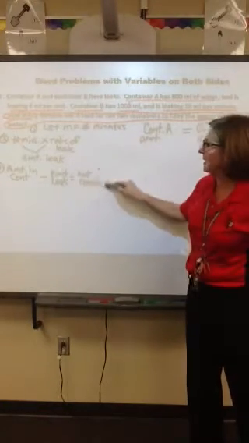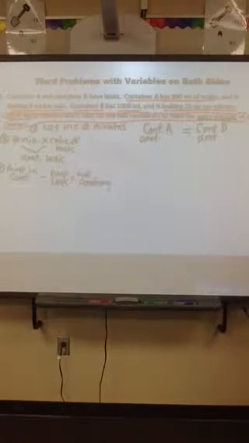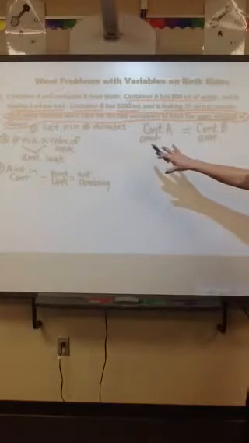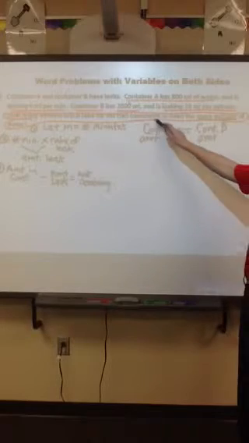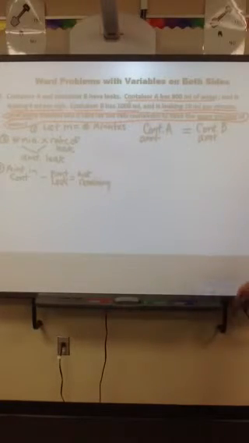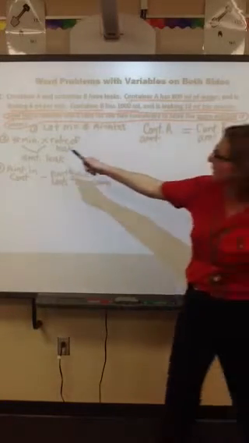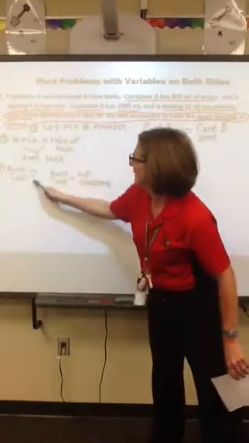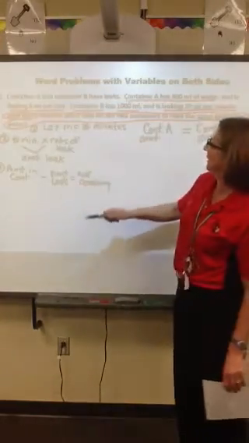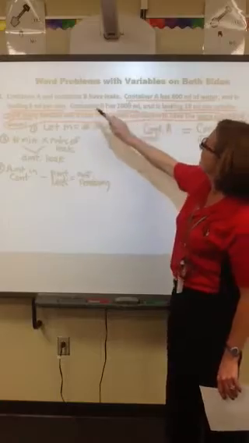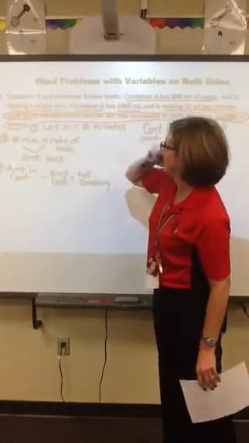Okay, the amount remaining. So let's try to set up two equations showing the amount of water in container A. Well, it has 800 milliliters, so the amount in the container minus the leak. And the leak is 6 milliliters per minute.